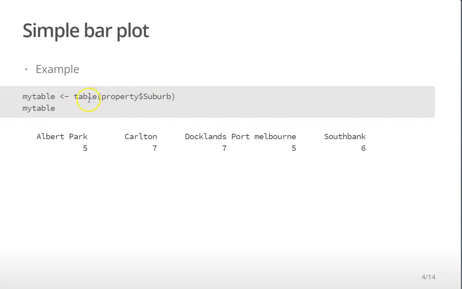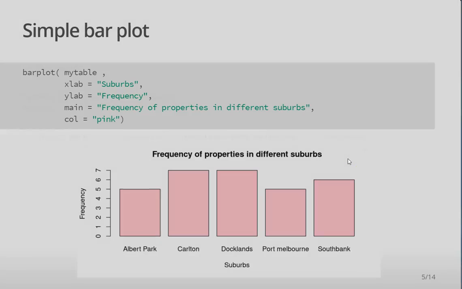I'm going to give a name to the generated table. I'm going to call it my table. You can call it different things. After that, I'm going to run my table, asking R what my table is. It's giving me this frequency table: 5 properties in Albert Park, 7 in Carlton, 7 in Docklands, 5 in Port Melbourne, and 6 in South Bank.